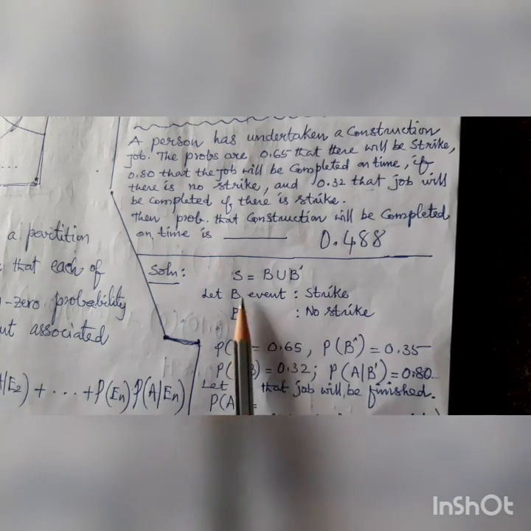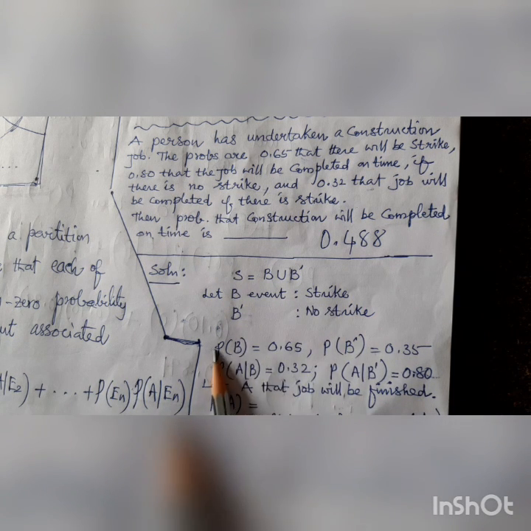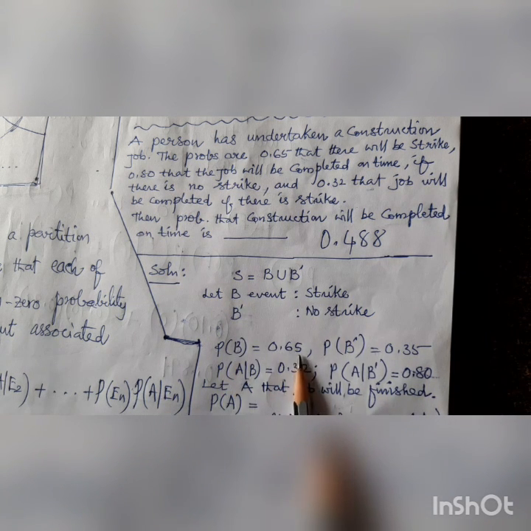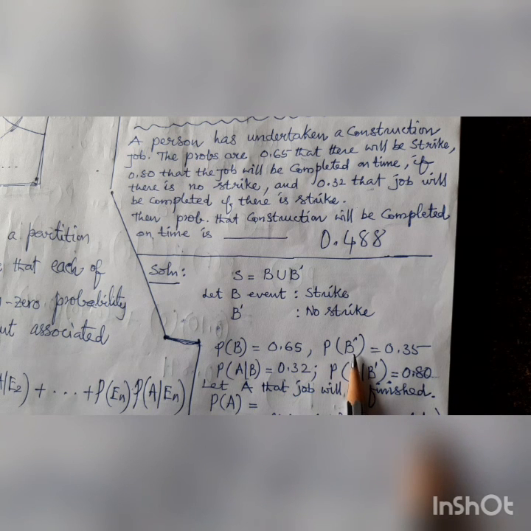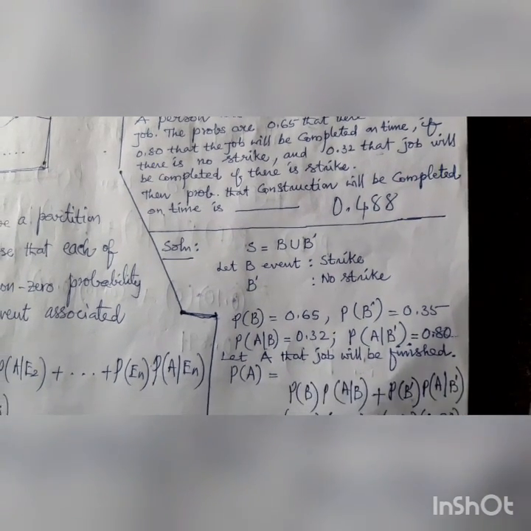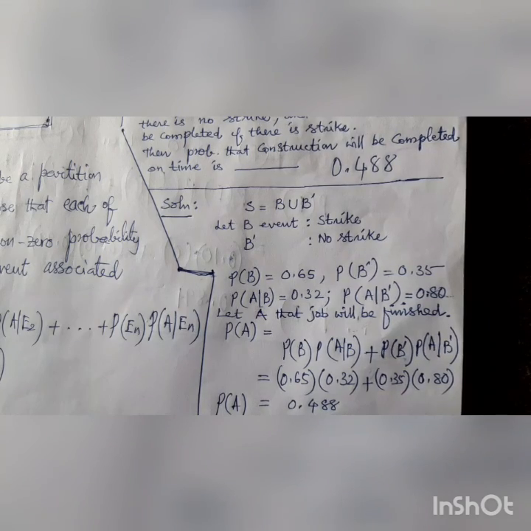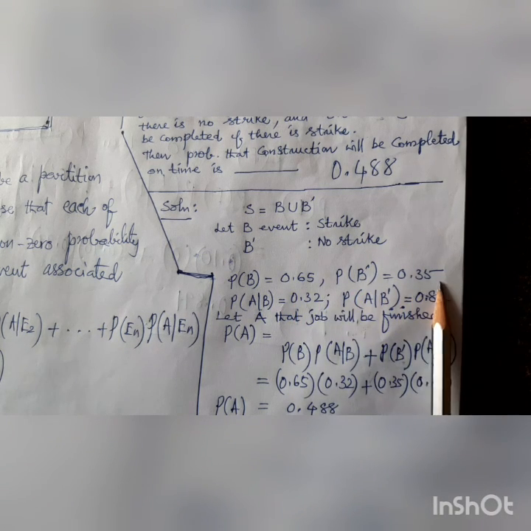I have taken it like this: S equals B union B dash. Let B be the event strike, B dash the event no strike. Total 1. P of B is 0.65, given; P of B dash, the no strike probability, is 0.35. If the strike probability is given, we can tell the non-strike probability is 0.35.